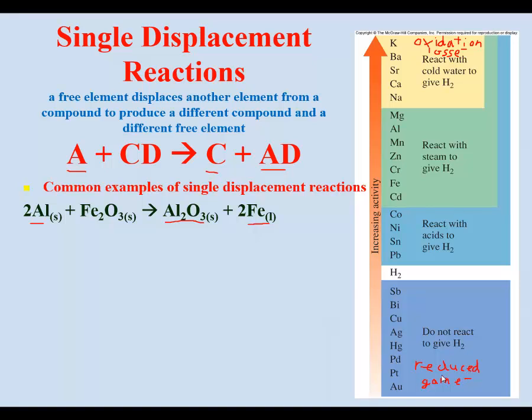So when they end up reduced, these metals would like to be metallic. So I'd end up with metallic gold, metallic platinum, metallic palladium, metallic mercury, metallic silver. So all of these metals would like to be neutral metals. Lowest on the list. All the metals highest on the list would rather be cations by losing electrons. So the metals higher on the list would prefer to be cations.